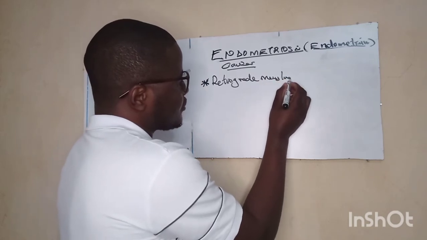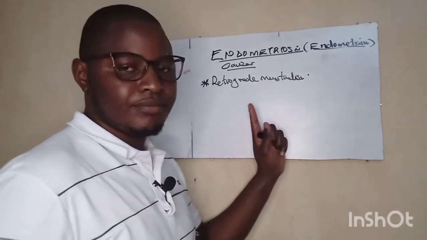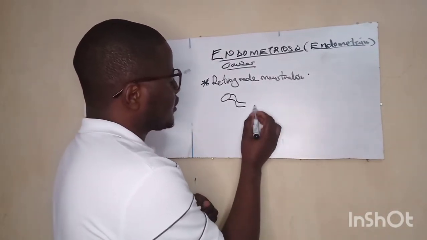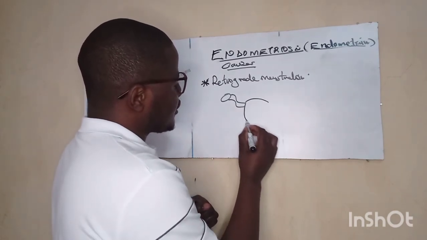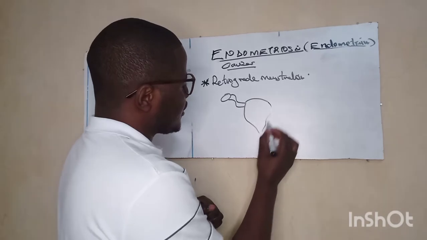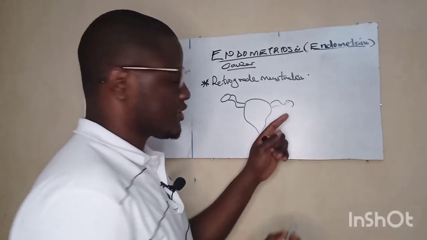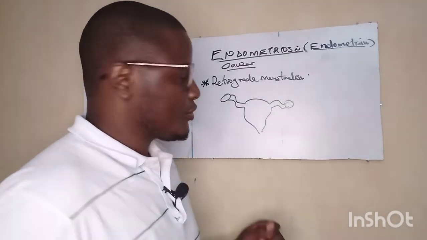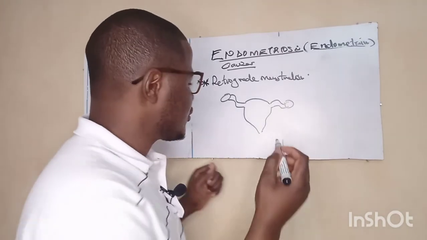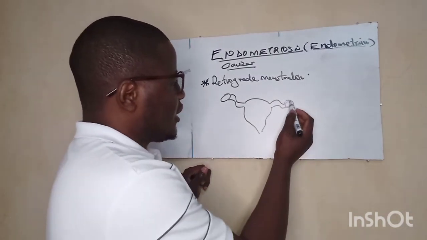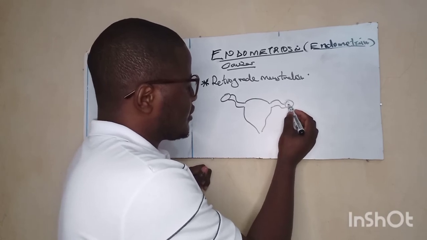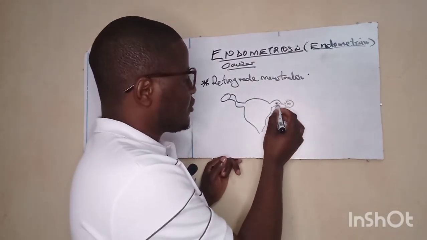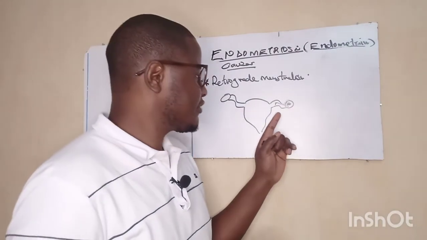I will explain what we mean by retrograde menstruation. This being the ovaries and this one being the uterus, this one is not blocked, and also that one. Every month the ovary releases a mature egg that comes to the fallopian tubes to wait for fertilization.